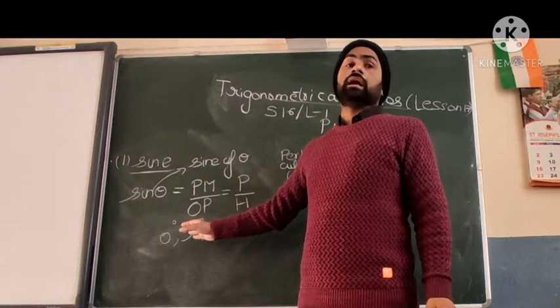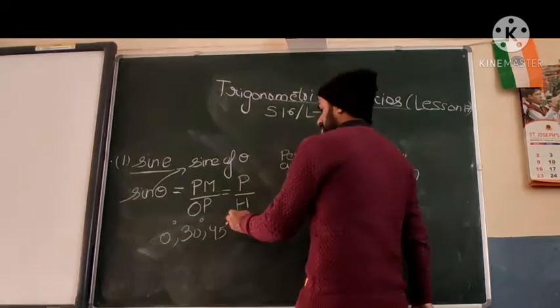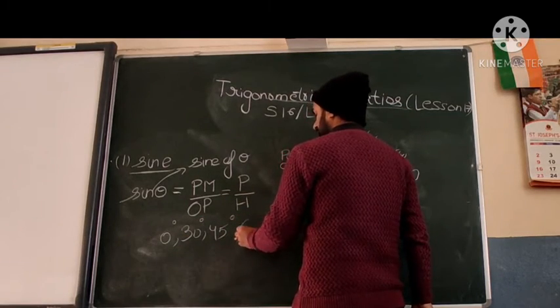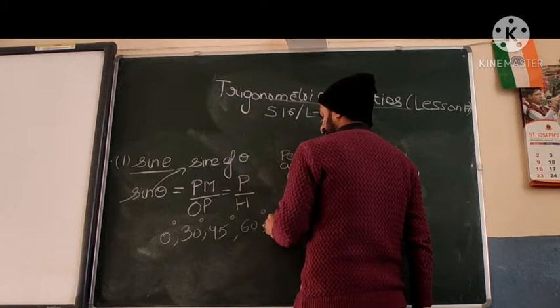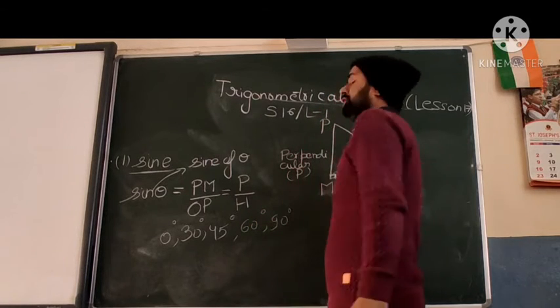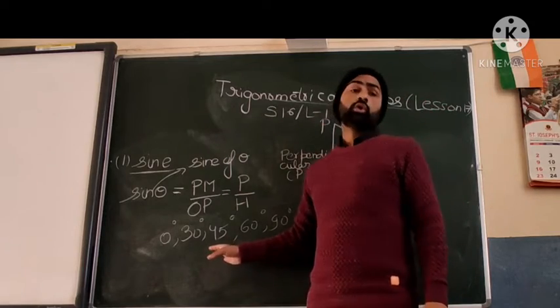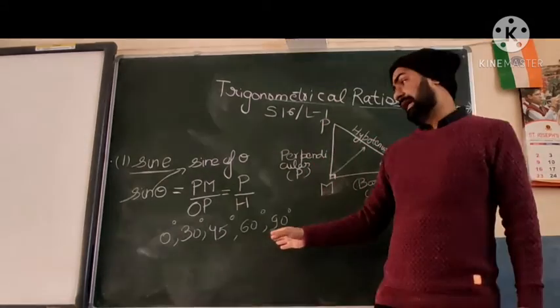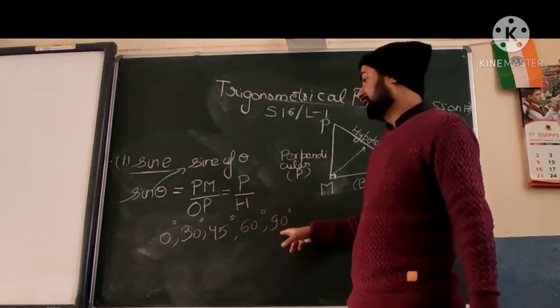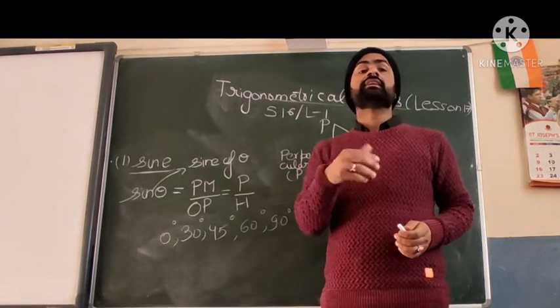So that makes your answer wrong. So 45 degree, then 60 degree, then 90 degree. You will also be knowing about the ratio that, now see, for these particular values.